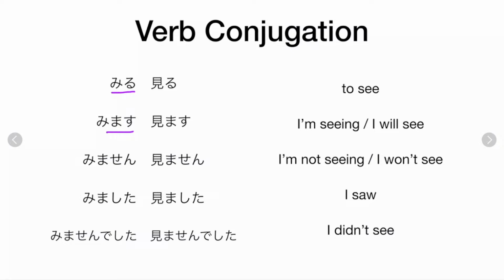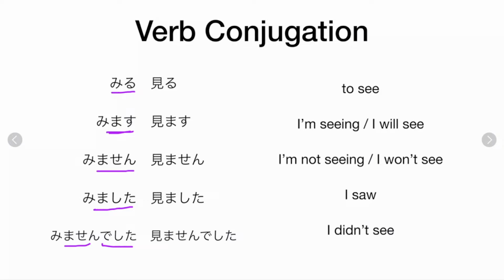Or I am seeing. This is the non-past positive. Mimasen is I am not seeing or won't see, which is the non-past negative. Mimashita, past positive, I saw. Mimasen deshita, past negative, I did not see.